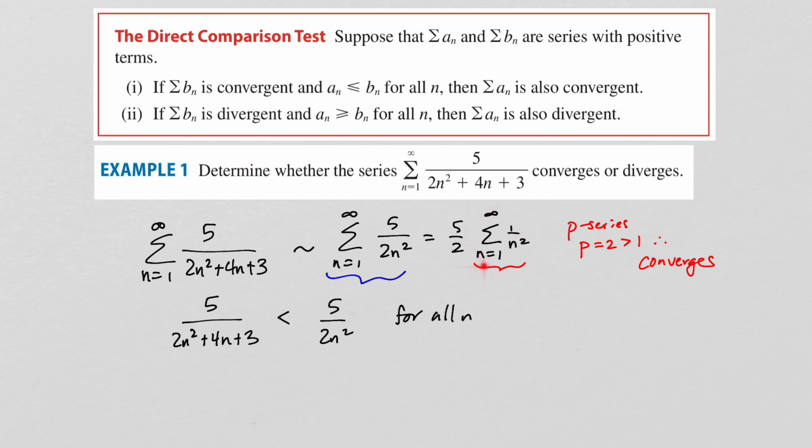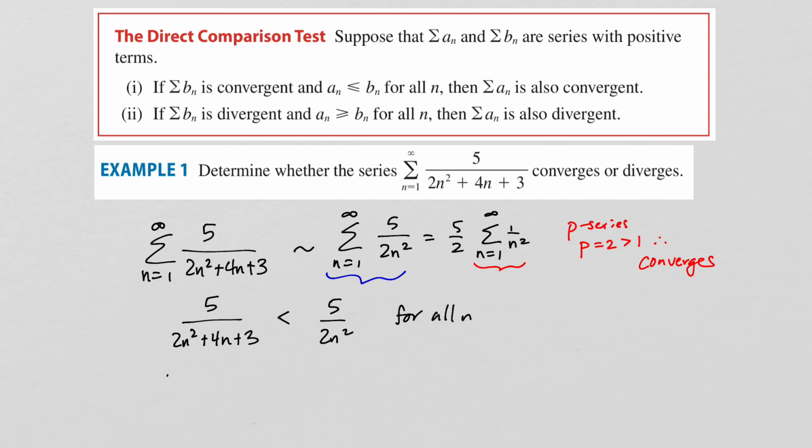So if this series converges, 5 halves times that series also converges, and that means that this series converges. So here we have a converging series, and now we know that the nth term of this series is less than the nth term of this series. Therefore, by the direct comparison test, we know this series must also converge.